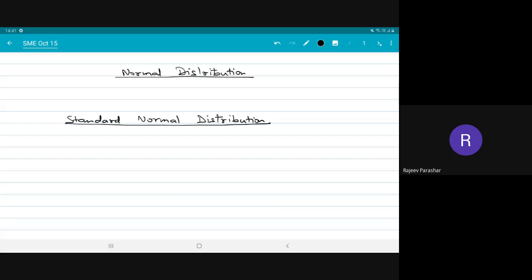Now, if x follows normal distribution with mean denoted by mu of x and variance denoted by sigma square of x, and we denote another random variable which is a linear transformation of our original random variable x as z equals x minus mu of x divided by sigma of x, then z also will follow normal distribution, and this will be a particular type of normal distribution.